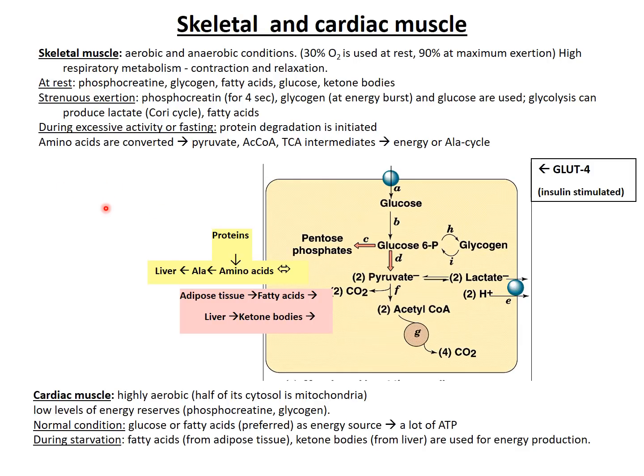Skeletal and cardiac muscle are also very aerobic, except for the white muscle cells. The red muscle cells and the cardiac muscle cells have a lot of mitochondria, and they use a lot of oxygen. So let's focus on the skeletal muscle first. It can work under anaerobic conditions, producing lactate when oxygen supply is not perfect, but mainly they use oxygen and work under aerobic conditions.